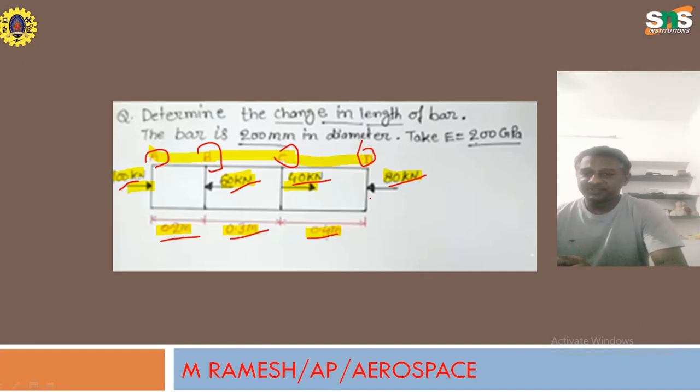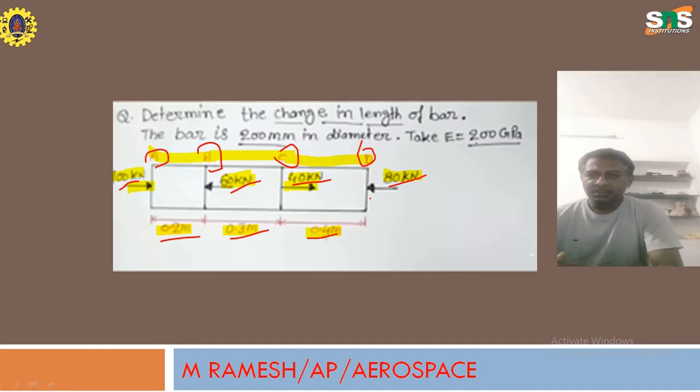If it is a simple rod with only one segment, the load is given and you can directly substitute. But at each and every point, different loads are there in different directions. So finding the load in each segment is the very important thing.